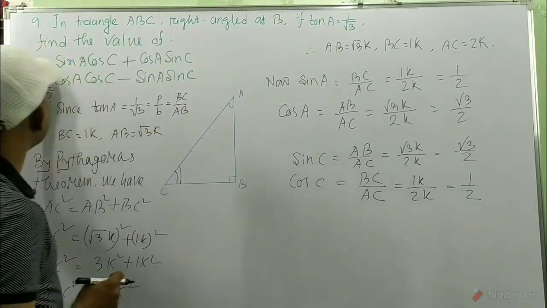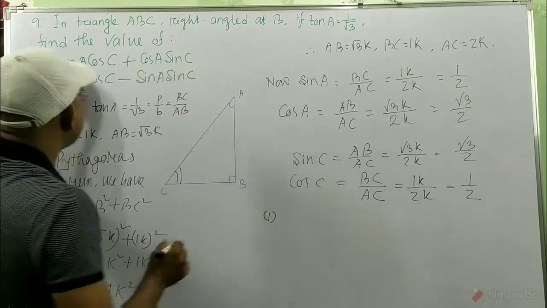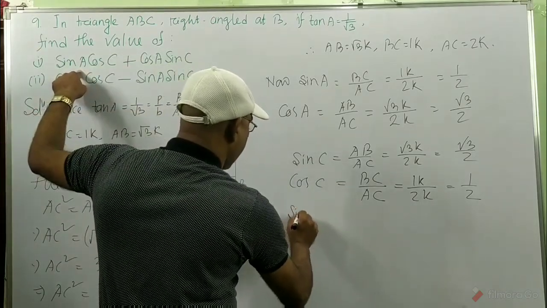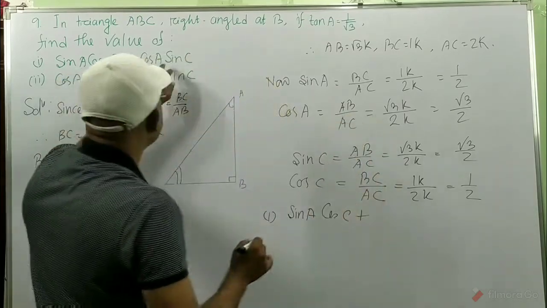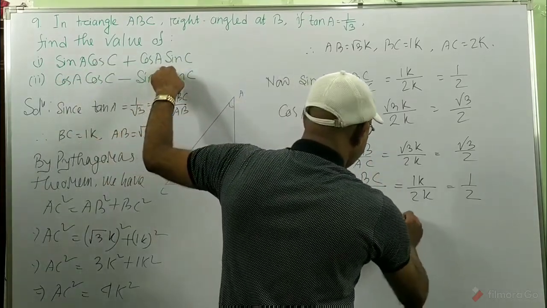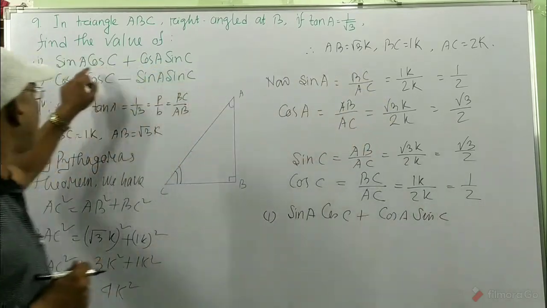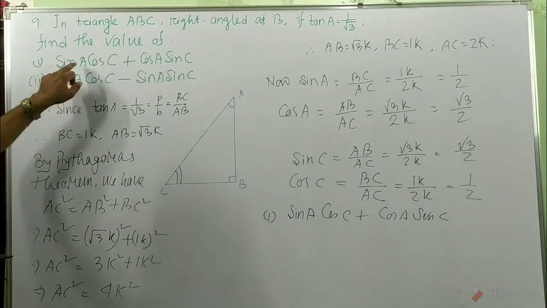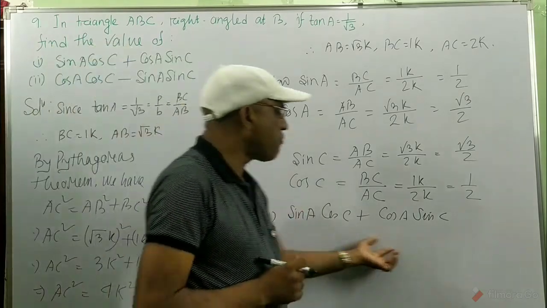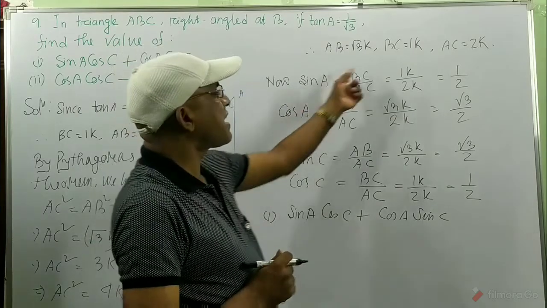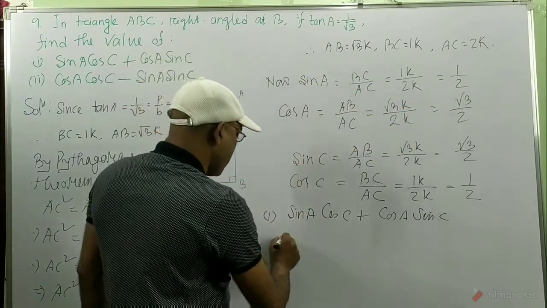Now first, our requirement number 1: sin A cos C plus cos A sin C. This is the expression, and we have to find its value by putting the ready-made values we already found.